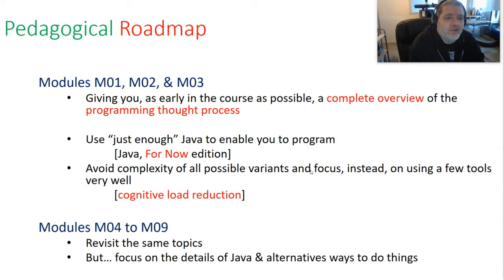And they are going to constitute a sort of self-contained introduction to programming. You are going to be able to program at the end of module 3. We will learn together how to program in Java by module 3.